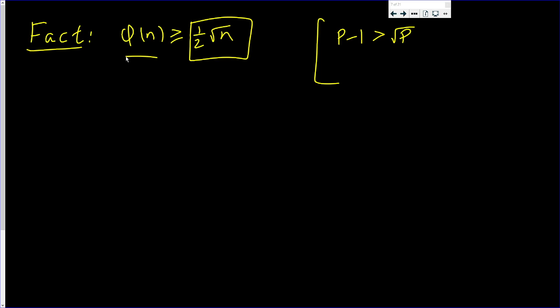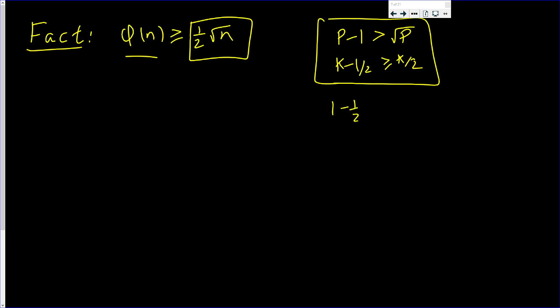And another fact we're going to use is that k minus a half is always bigger than k over 2, if k is bigger than 1. In fact, if k equals 1, we have equality.